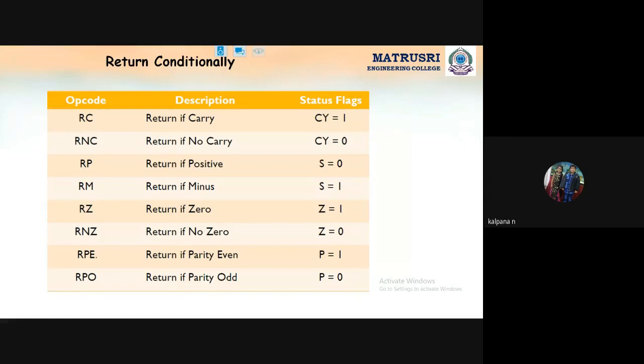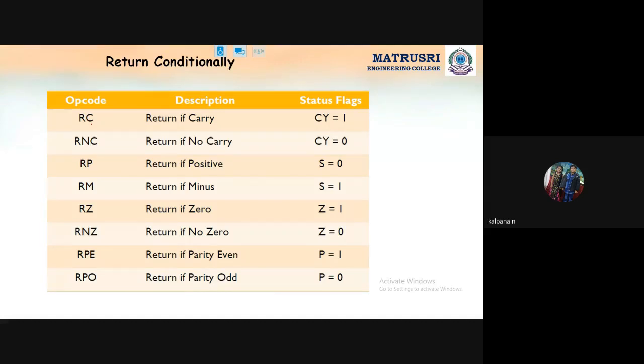RC means if the carry flag is set, then return to the main program. RNC means if the carry flag is not set, then return back. Here no operand should be specified; we directly use RC.